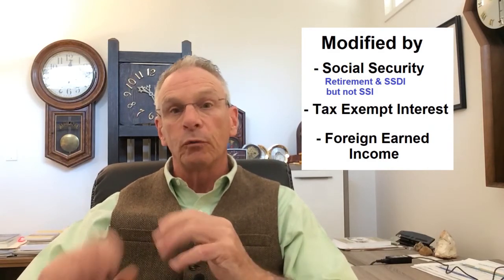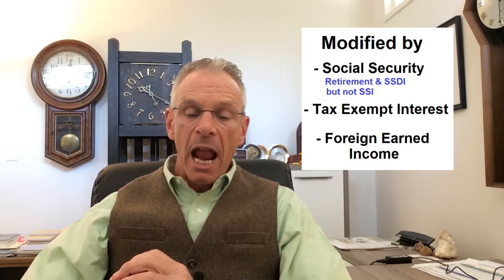You add in tax exempt interest, and foreign earned income, for your modified adjusted gross income. So your modified adjusted gross income is larger, or can be larger, than just your adjusted gross income. And those are just really important scenarios that you need to think about.